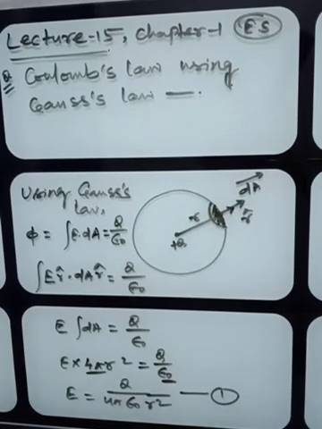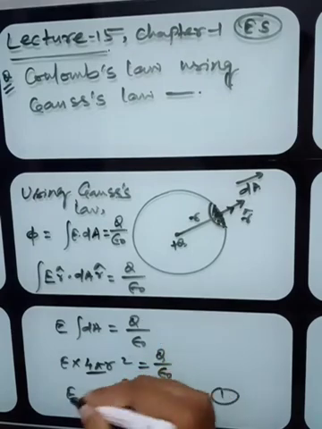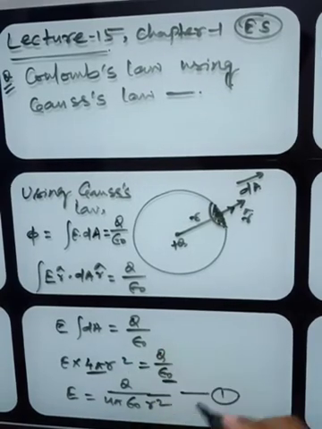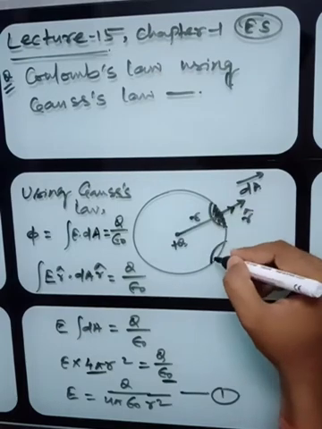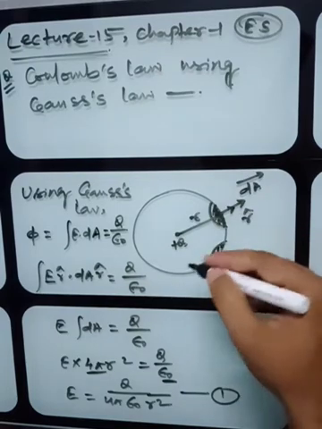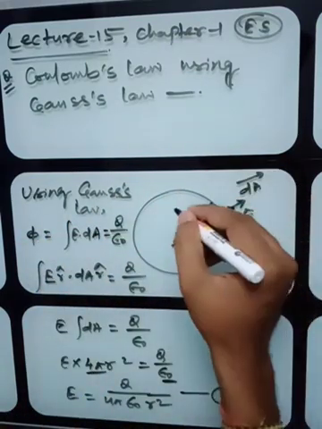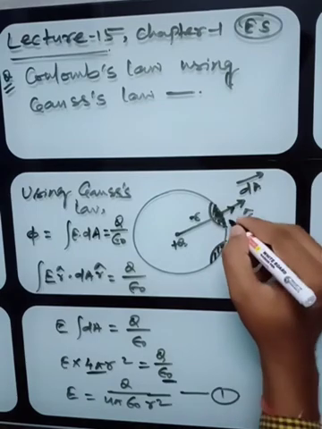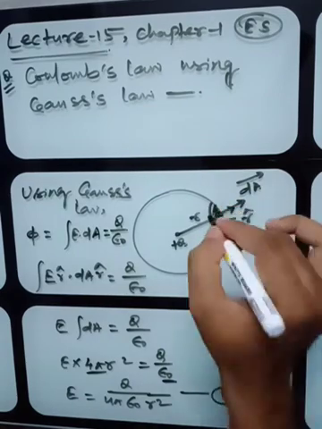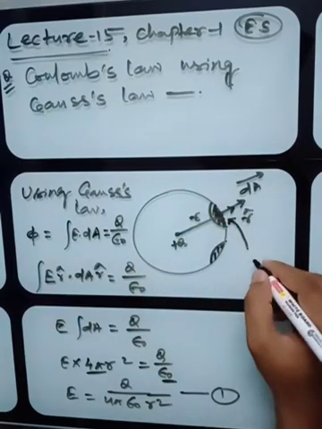Okay student, now we have the electric field. If we take the surface area over here, we will get the electric field over here also. It means this electric field is everywhere on the surface. And suppose any point charge is placed at the surface of this sphere, remember there will be a number of questions you will find on this concept also.